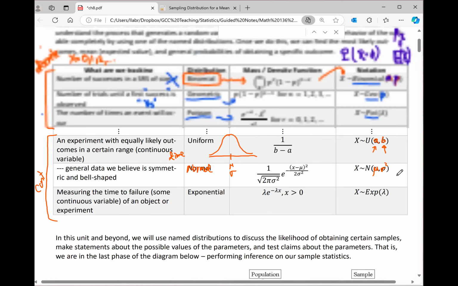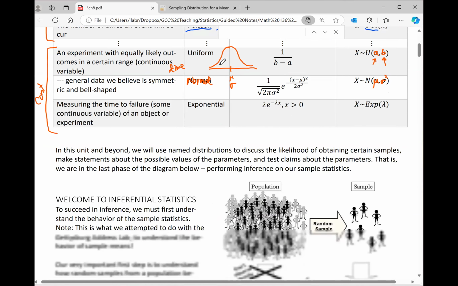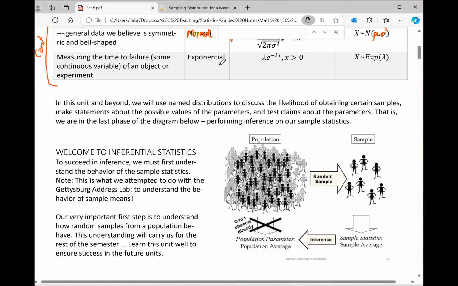So we're going to build on this. 4.1 is called sampling distributions. So let's go ahead and just preview what this unit is about. In this unit, we're going to be using named distributions, which means distributions that have been studied. And so we can find most anything that we want about our random variable.